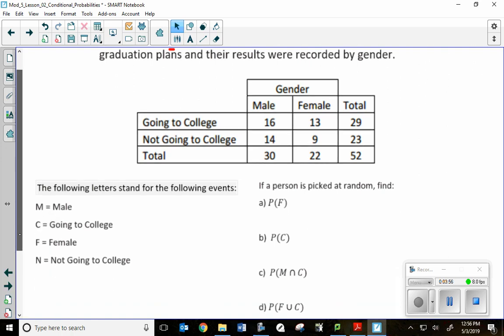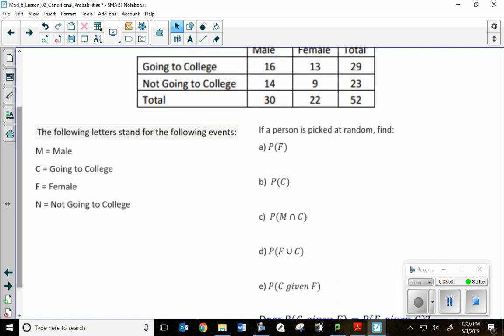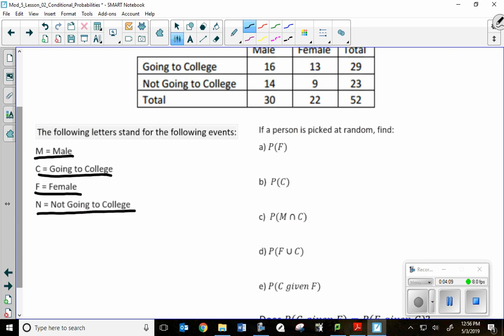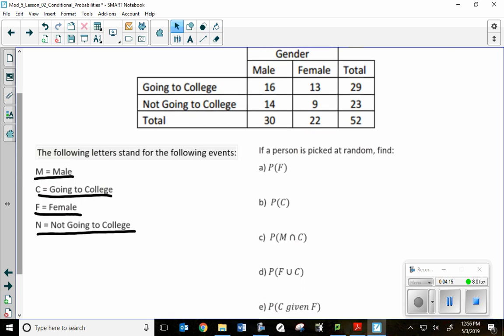Now, let's take a look at what else they give us down here. When we start doing probabilities, M means male, C is going to college, F is female, and N is not going to college. So let's start taking probabilities based on our table above. A: if a person is picked at random, find the probability that they are female.